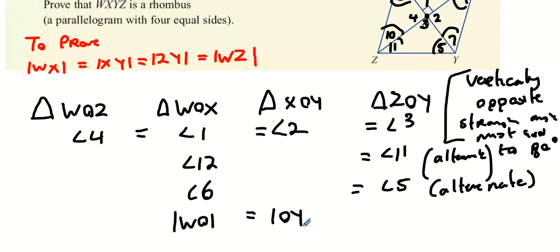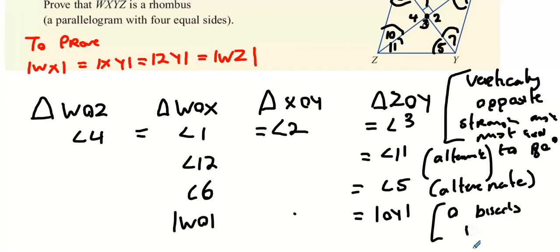O bisects. Oh, sorry, not there. What does O bisect? Yeah, O bisects WY. All right, who wants me to pause the video and explain it bit by bit again? Hands up. There we go.